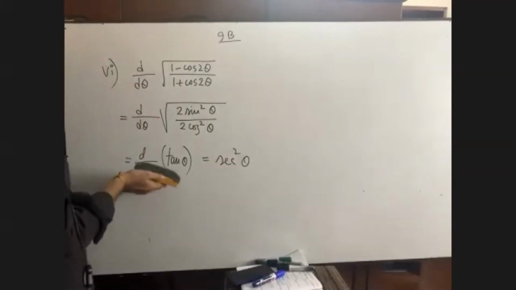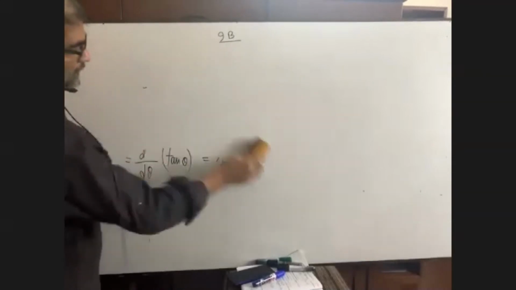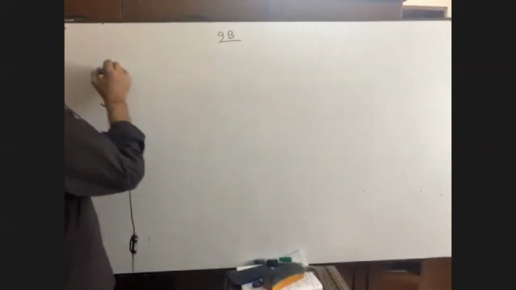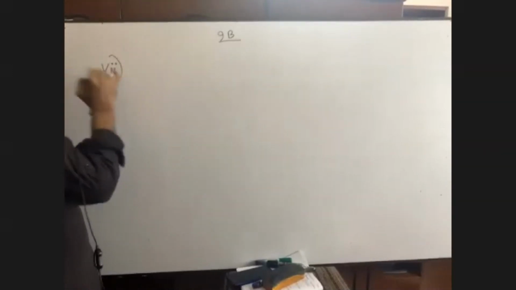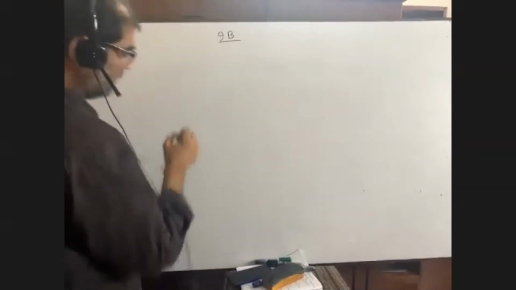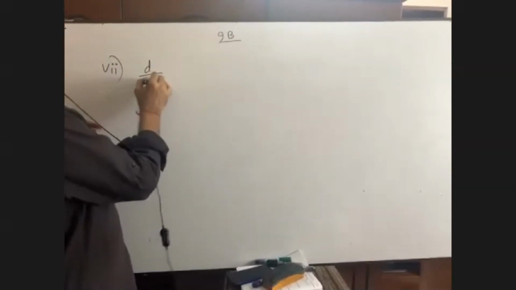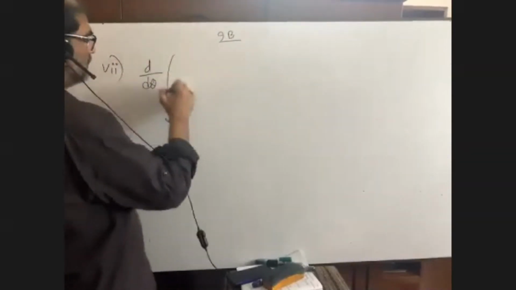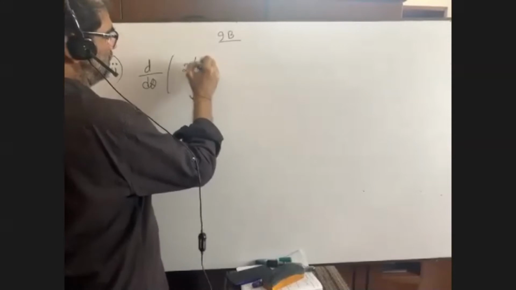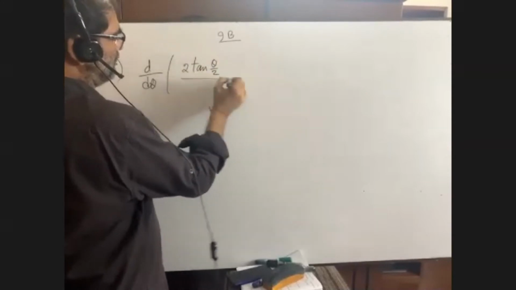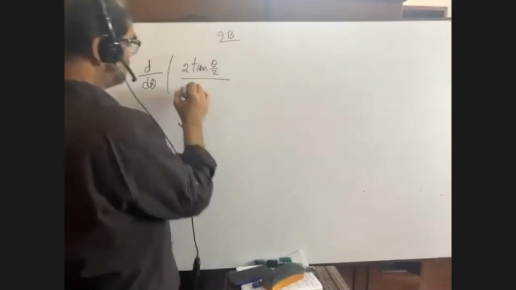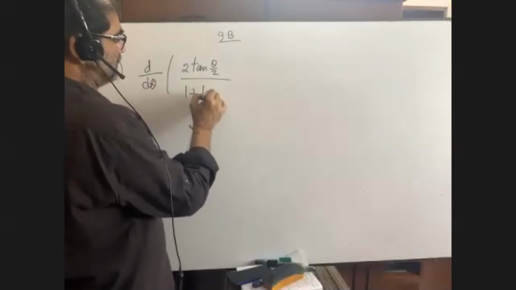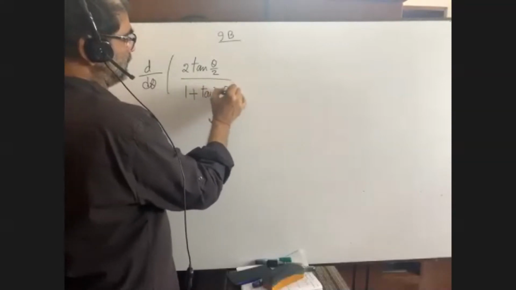It is possible only by knowing the formula, nothing else. Because you did a lot of maths in trigonometry, calculus will now be like water. d by d theta of 2 tan theta by 2 over 1 plus tan square theta by 2.